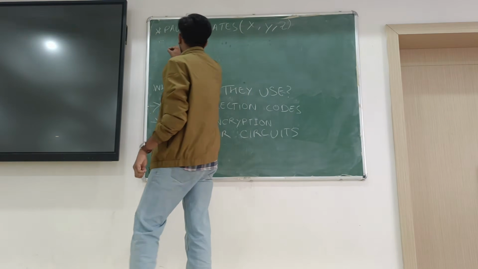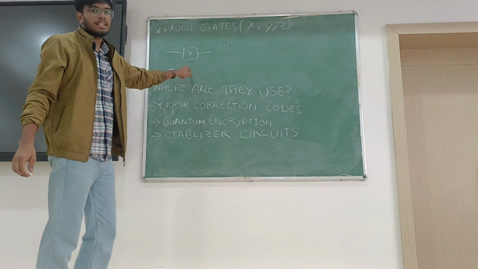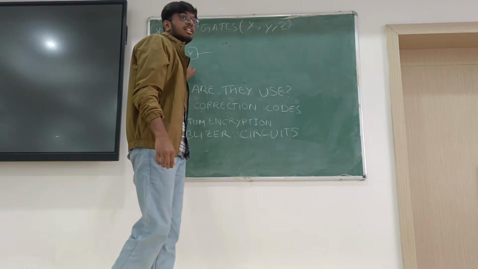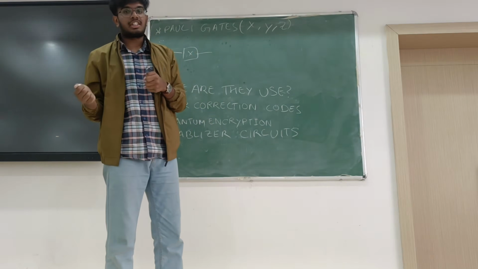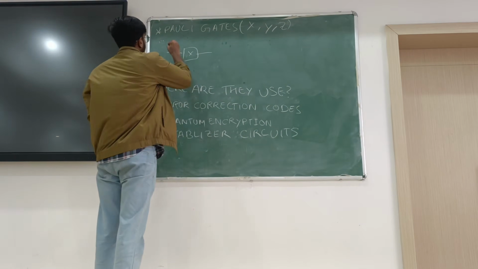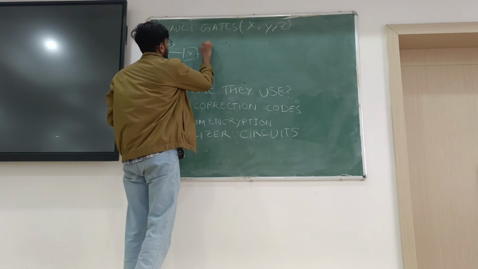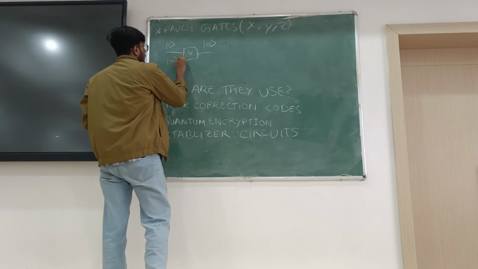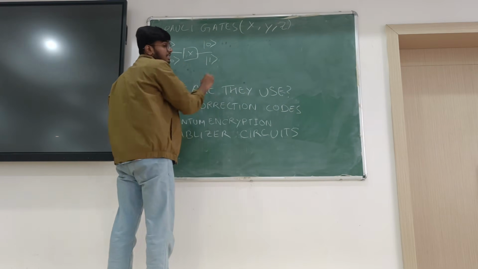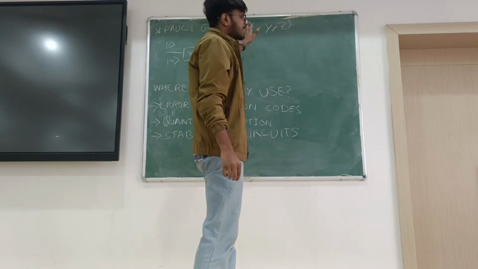First comes Pauli X gate, which is represented by a normal X, and this gate is just similar to the classical NOT gate. When we put 1 here, it flips it and changes it into 0, and when we put 0 here, it flips it and puts it as 1. This is Pauli X gate.